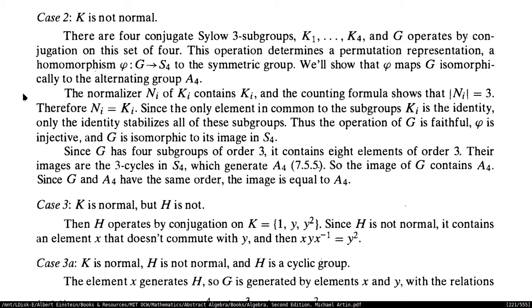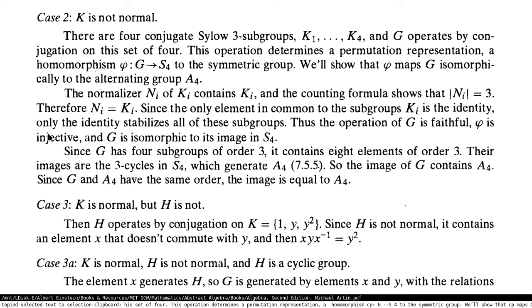I think faithful means that the only element which fixes everything is the identity. Okay. So the identity is the only element which stabilizes all subgroups. But how does that make phi injective? Because it's like the kernel of phi.